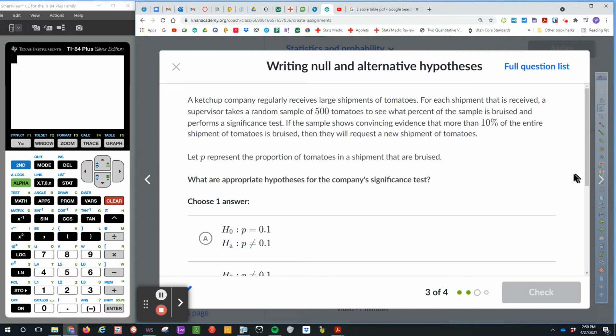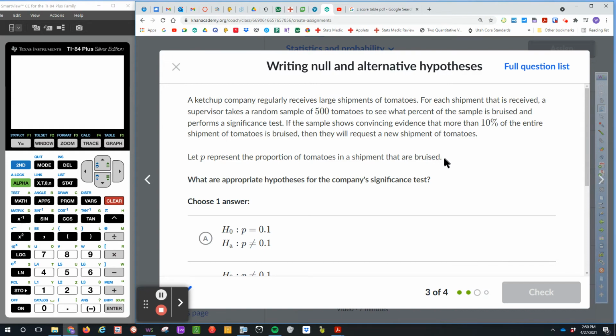If the sample shows convincing evidence that more than 10% of the entire shipment is bruised, then they will request a new shipment of tomatoes. So let P represent the proportion of tomatoes in the shipment that are bruised. This P refers to the population proportion of tomatoes in a shipment that are bruised.